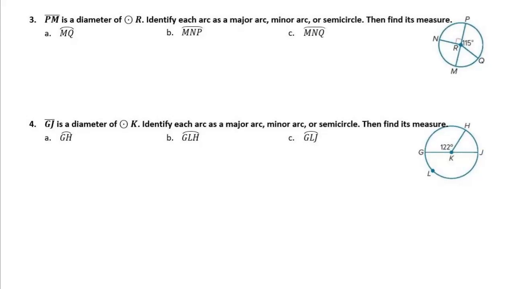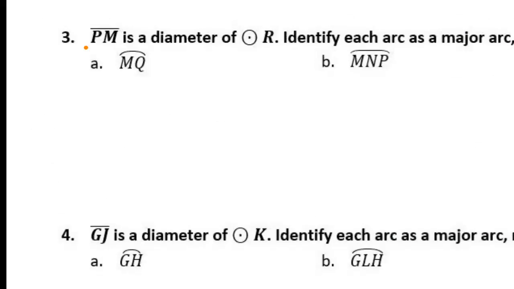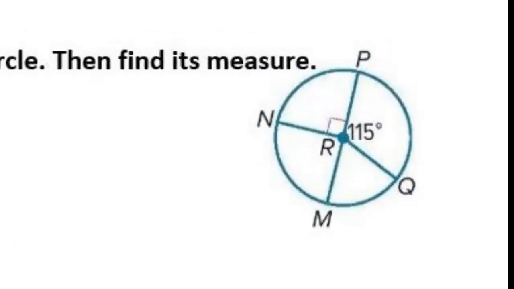So on number 3, it tells me that PM is a diameter of circle R. So this right here is cutting my circle exactly in half, which means this arc over here, PQM, would be how big? 180.